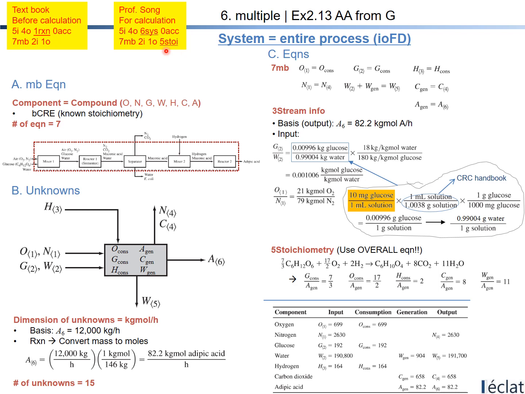Let me check again. What makes the difference between my method and textbook method? In my method, I have unknowns or variables and also equations which are related to the reaction. 6 system variables which are related to the reactions, and also 5 stoichiometric coefficients are closely related to the chemical reaction equation.